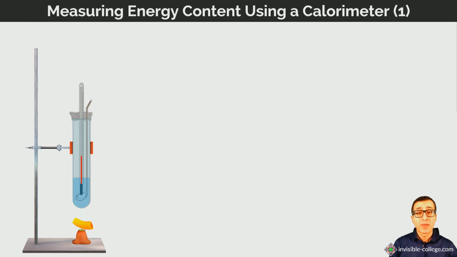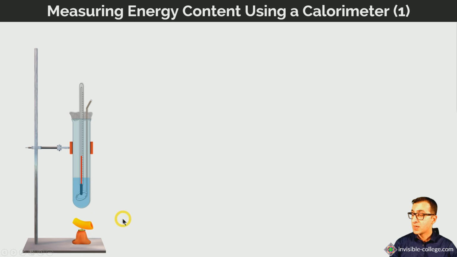So this is a rather simple method for calculating the amount of chemical potential energy in a food or a fuel, and the way that we do this is we simply take the piece of food which we have measured the mass of and we burn it to release heat energy, and the flame from the food is used to heat a known volume of water from a known starting temperature, and as soon as all of the combustion is complete, we measure the final temperature, and then we can use an equation to work out how much heat energy was given to the water by the burning fuel.